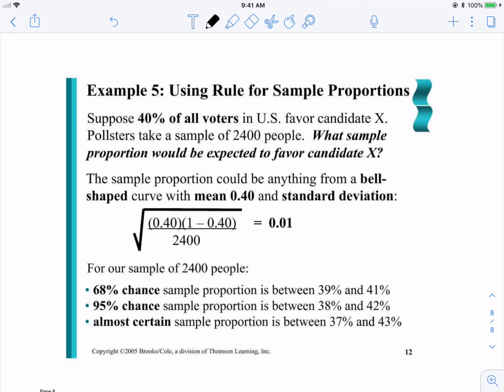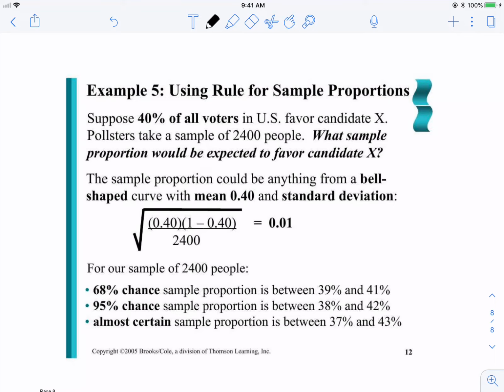We have the same values as our X's and smiley face example. Let's say that 40% of all voters in the US favor candidate X. Pollsters take a sample of 2,400 people. What sample proportion would be expected to favor candidate X? Well, the sample proportion could be anything from a bell-shaped curve with a mean of 0.40.